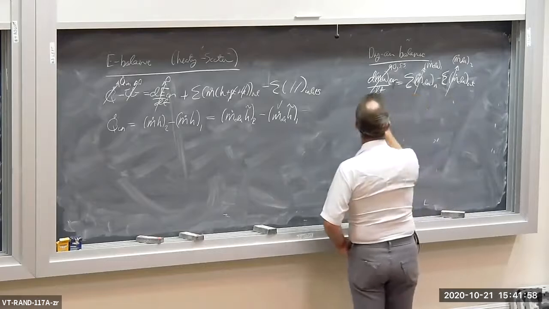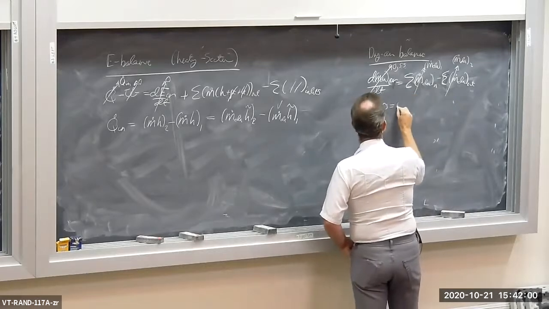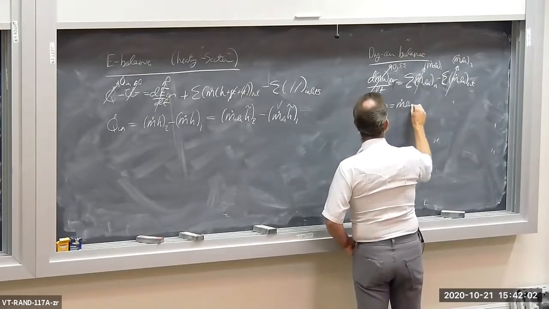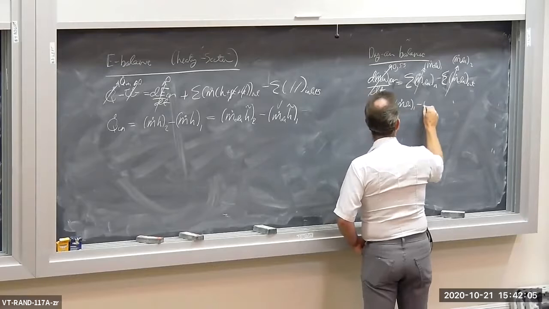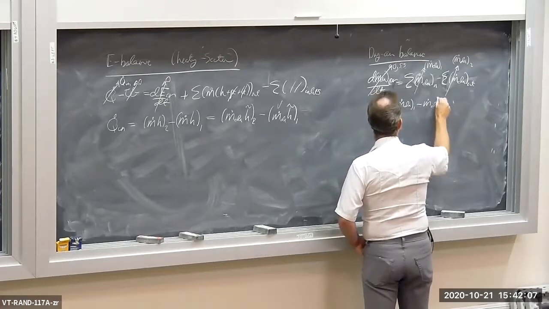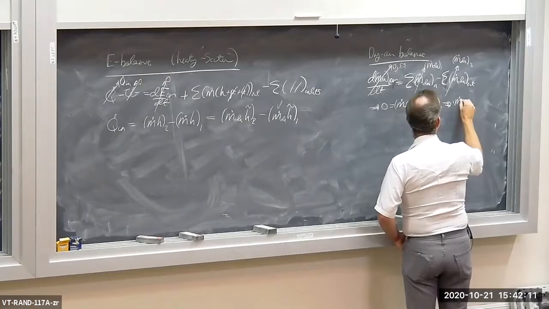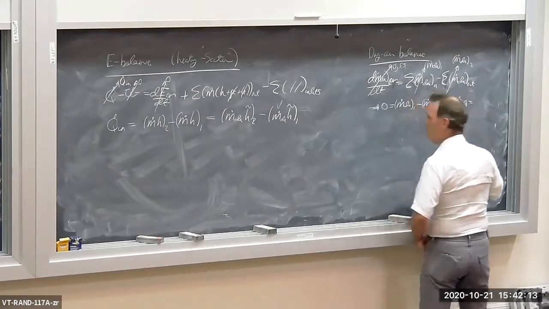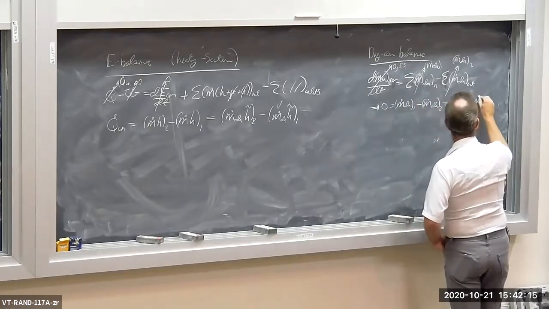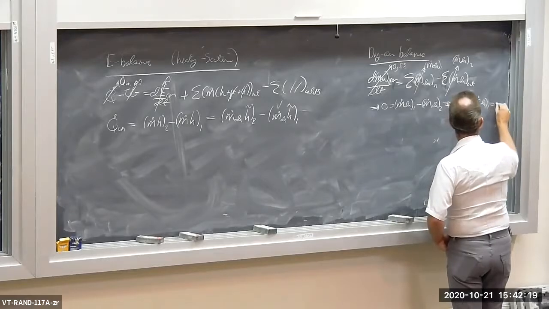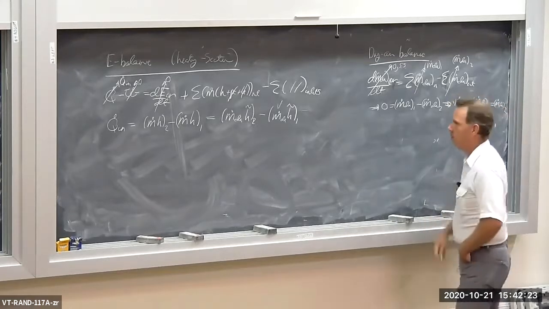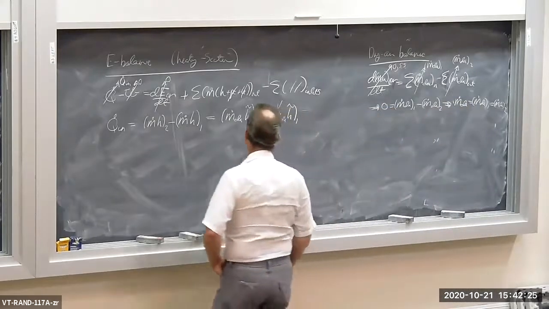And so I get 0 equals m dot dA1 minus m dot dA2, or if you like, m dot dry air is the same everywhere. So m dot dry air is equal to m dot dry air 1, which is equal to m dot dry air 2. So all these m dot dry airs are the same.